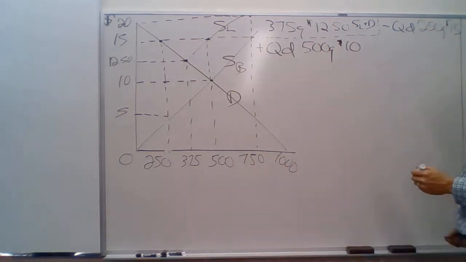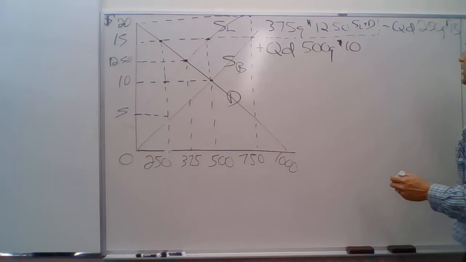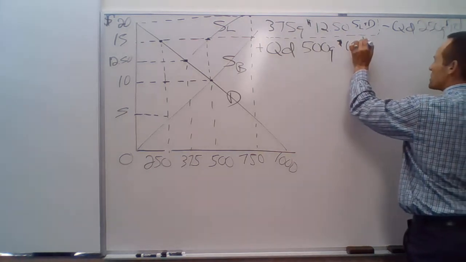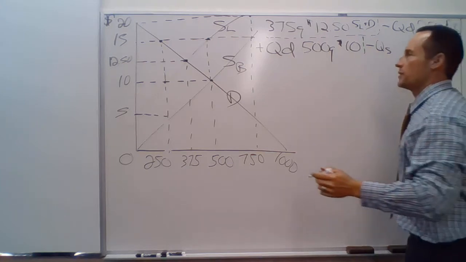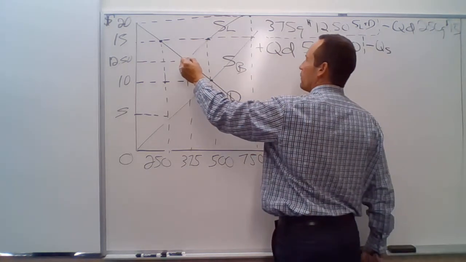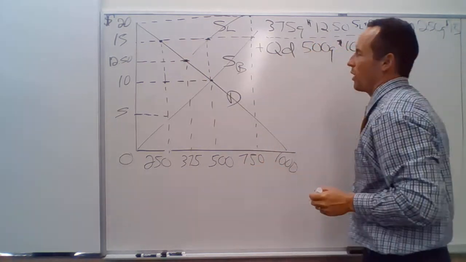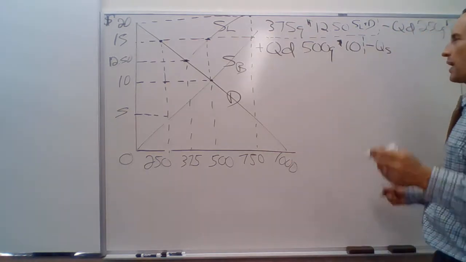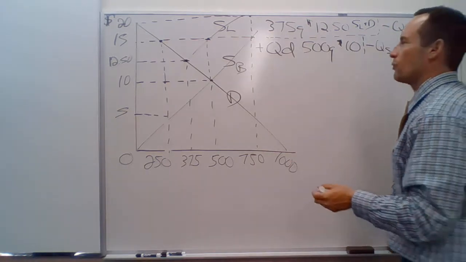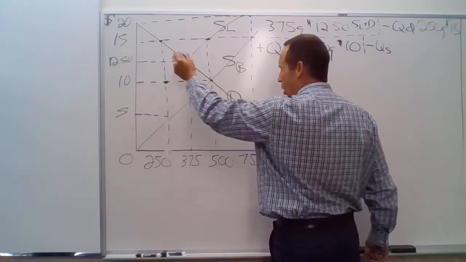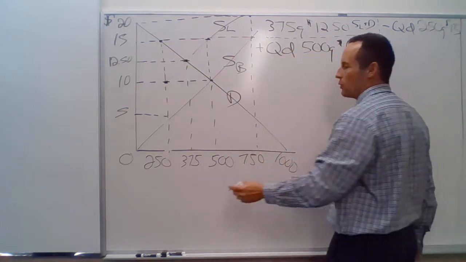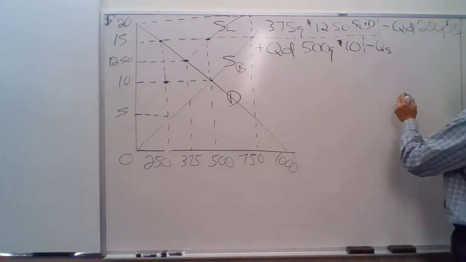All right, let's talk about less quantity supplied. We are right here, and we want less of this product. This could be oil or plastic straws, whatever. We want less of it. So if we bid less, bid $10 instead of $12.50, we will get 250 rather than 375.